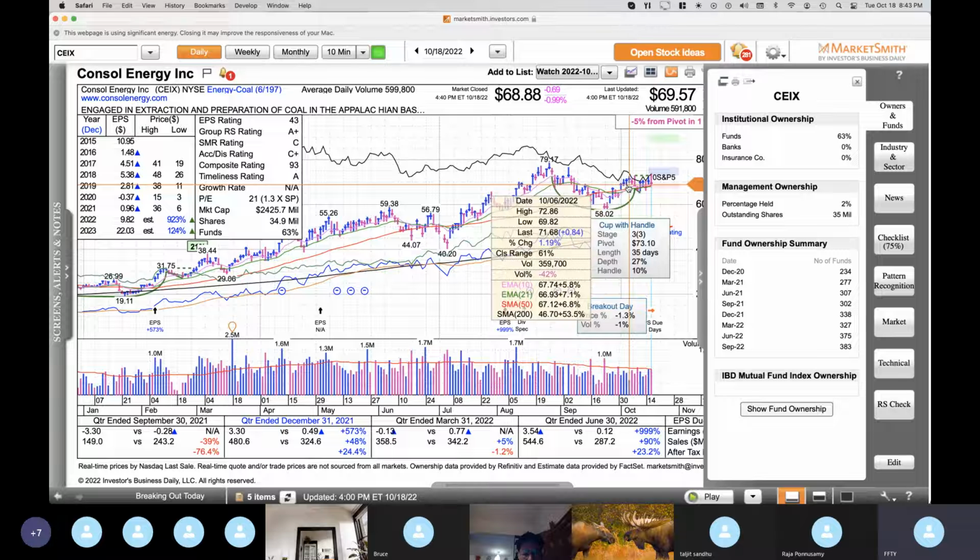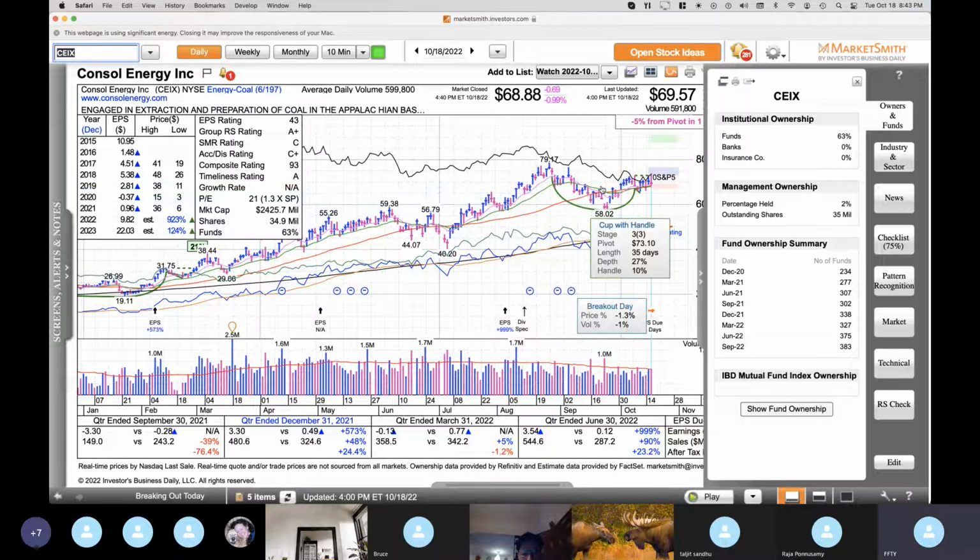It's an interesting cup with handle. 27% cup with a 10% handle, so that's decent, but needs higher volume.